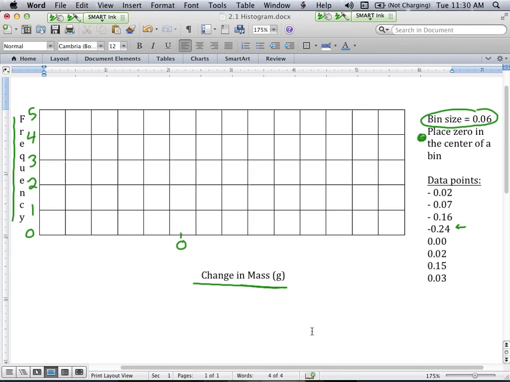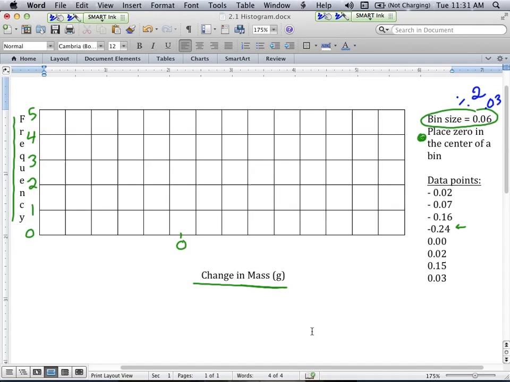You don't have to write the 0 in, but I always do just because it helps me figure things out. Now I know that 0 is in the center of this bin. I need to figure out what the edges of this bin are. So I take my bin size and divide it by 2. 0.06 divided by 2 is 0.03.